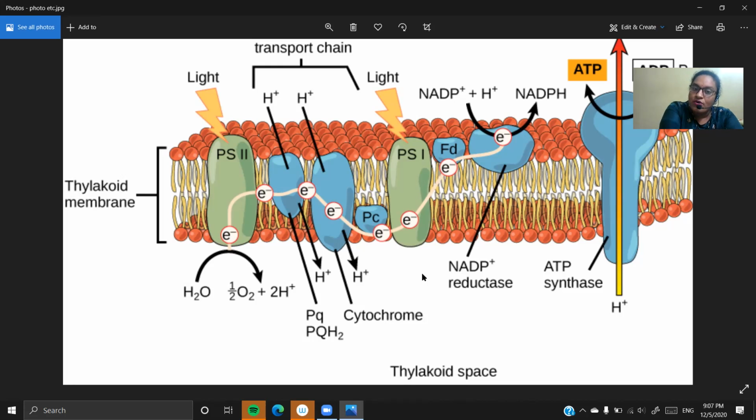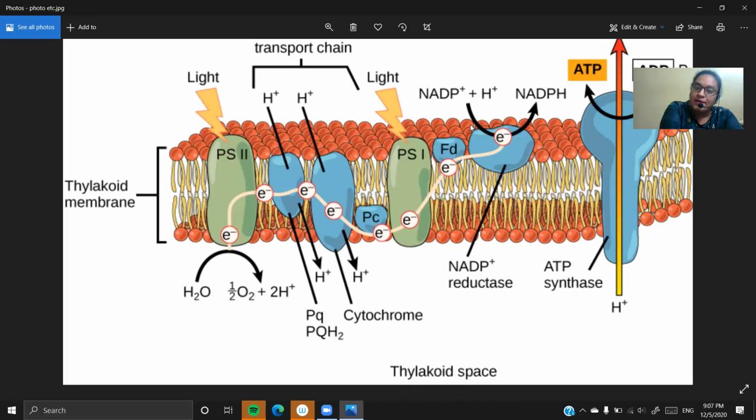This is your thylakoid lumen. So in the thylakoid lumen, there is a high concentration of protons because of the continuous photolysis process, as well as the protons being pumped during the electron transfer. So the protons will move from the thylakoid lumen to the stroma side and the ATP is produced here. But remember that not only ATP, the assimilatory power is also NADPH, if you remember.